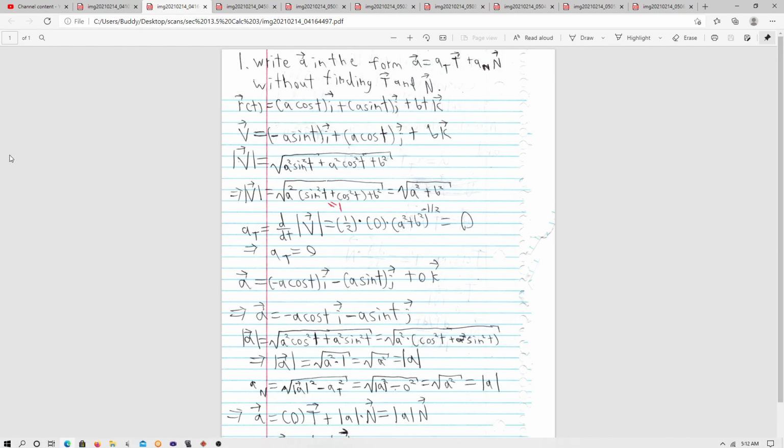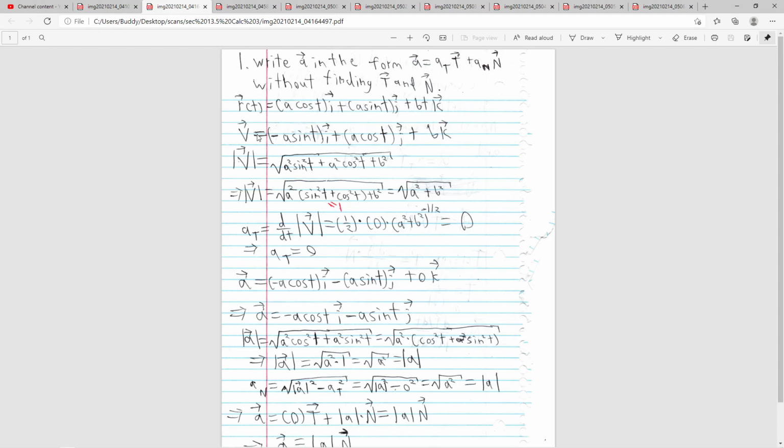So write a in the form a equals a_T T plus a_N N without finding T and N. We have the position vector r(t) equals a cosine t i plus a sine t j plus bt k. This is a very generalized thing with a and b being numbers.